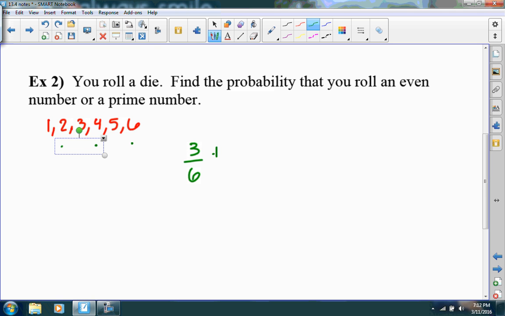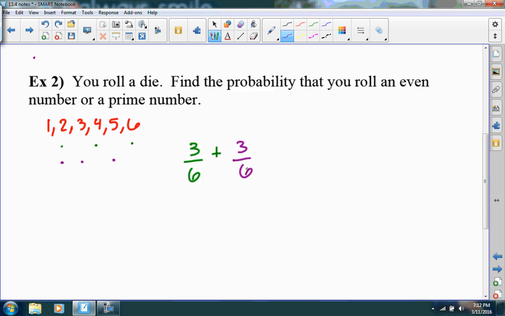And then I'm going to add the probability of rolling a prime number. So my prime numbers, let's see, number 1 is not a prime number, but 2 is a prime number, 3 is a prime number, 4 is not, but 5 is. So again, I have 3 out of 6.